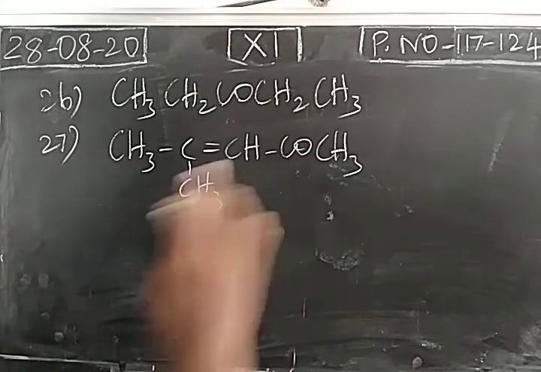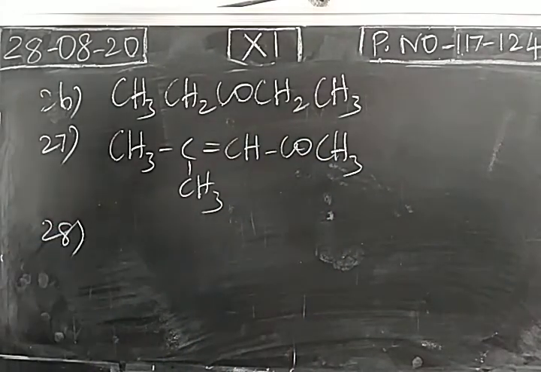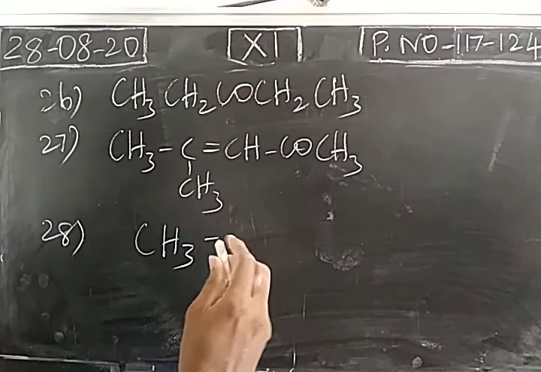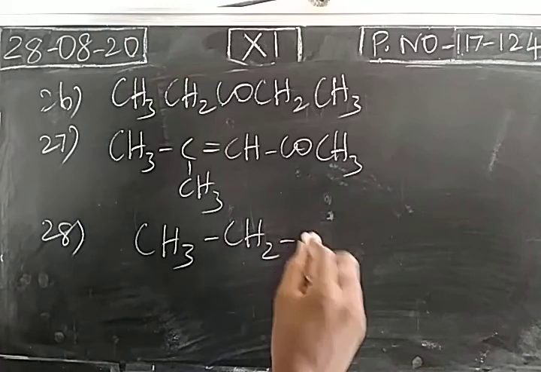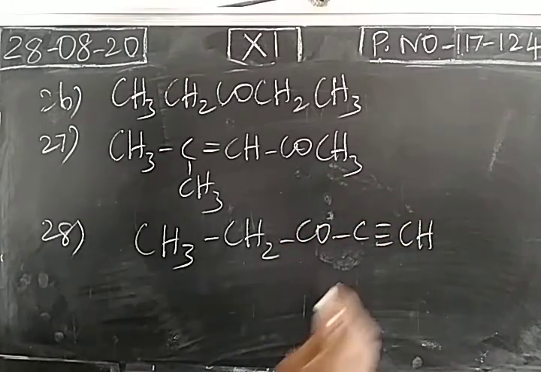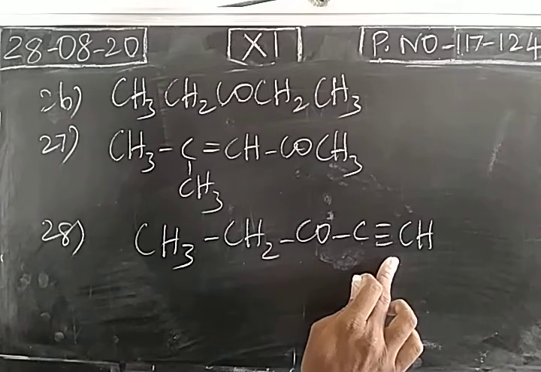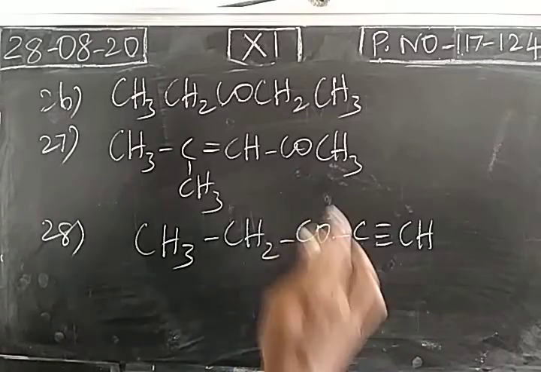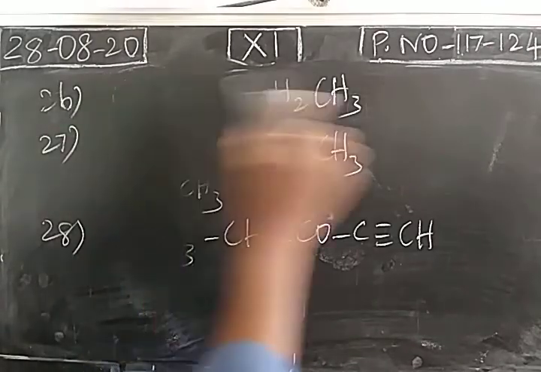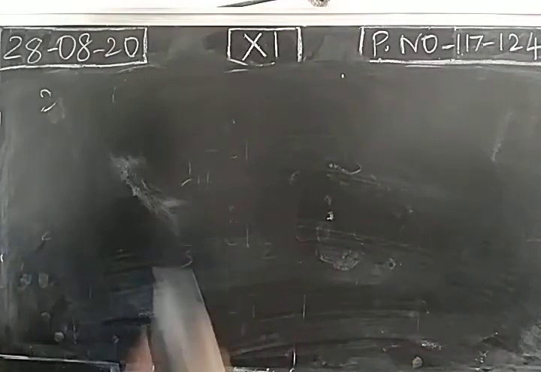This will be the functional group. And comparing triple bond, that means comparing alkyne, keto group has more priority in the preferential order, right? Next 29.